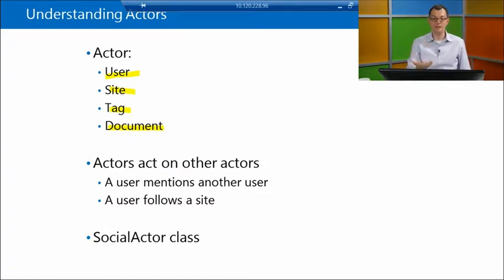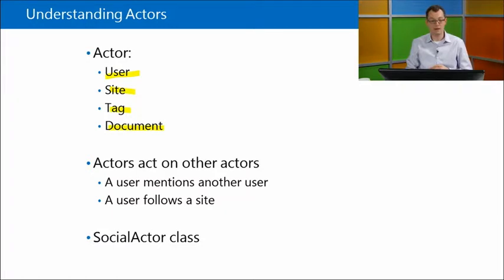So you saw one example of how I did that through the user interface already. I followed a tag, right? So the tag in that case was the actor. If we were doing that programmatically, we'd be using the social actor class, the type of tag, and then we could follow that way.